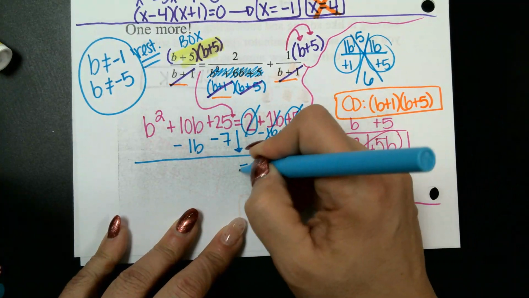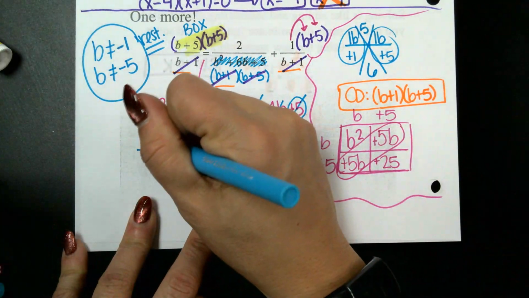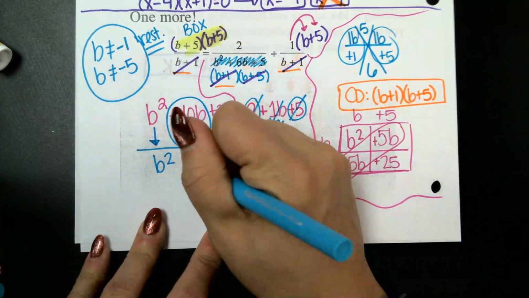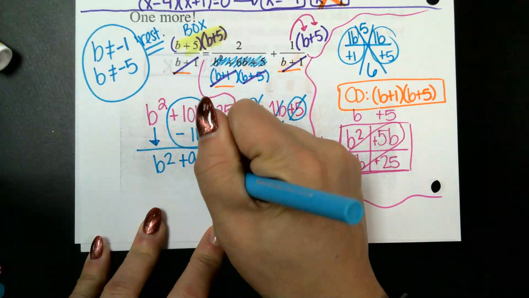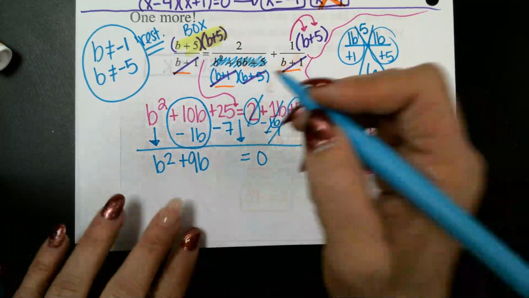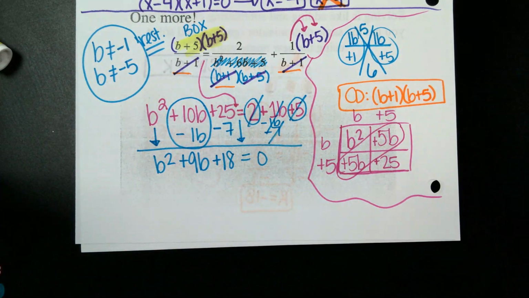And that would give us a 0 on the right side. So we're going to bring down b squared. What's 10b minus 1b? 9b. And then what's 25 minus 7? 18.